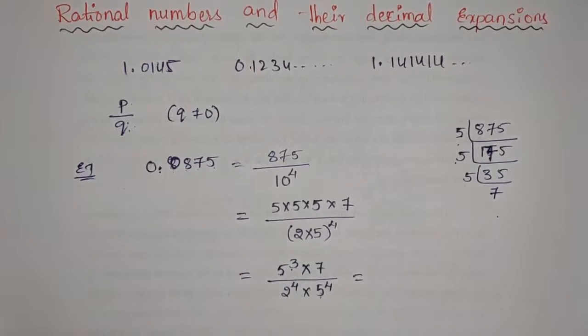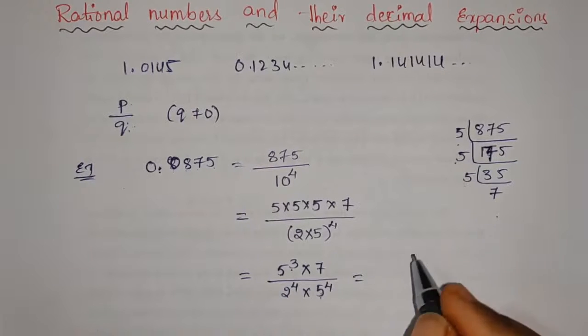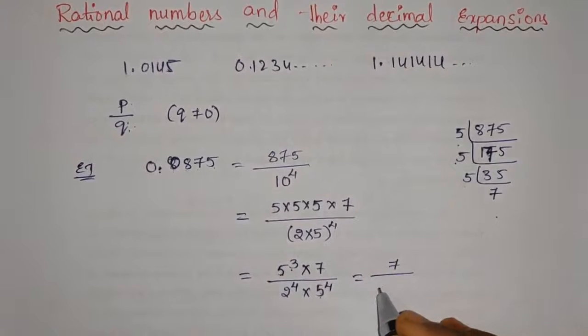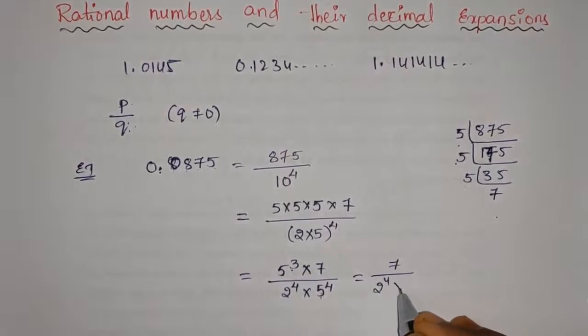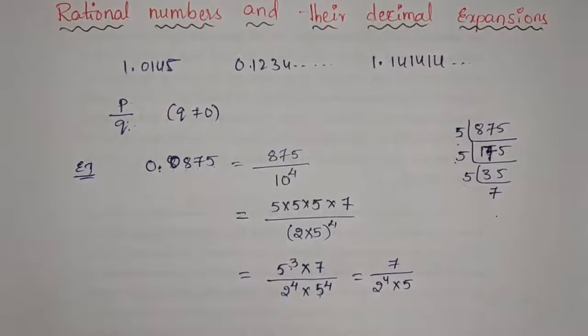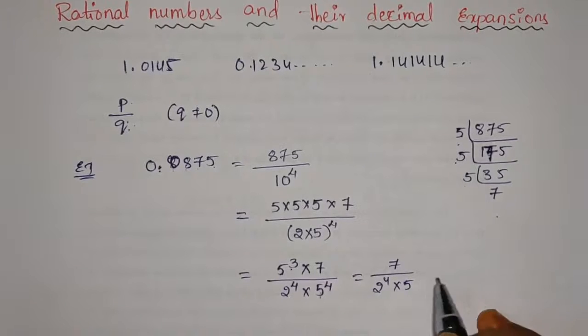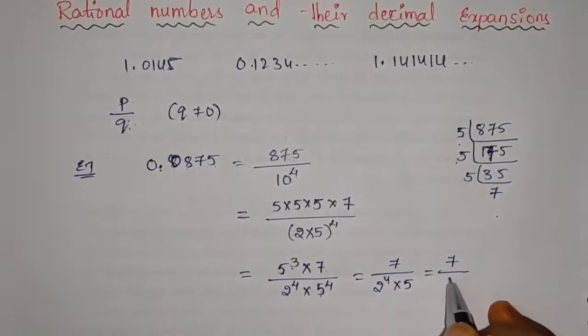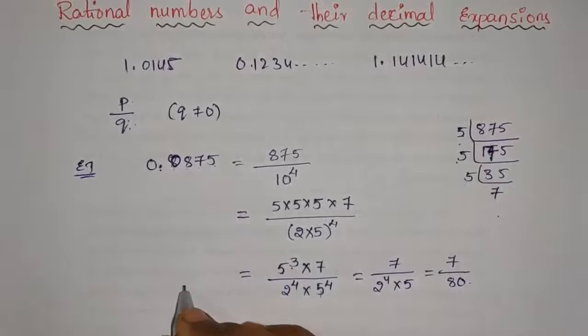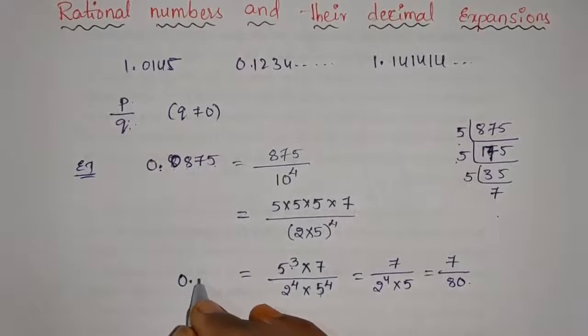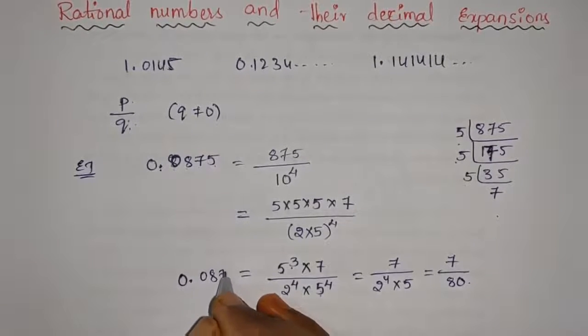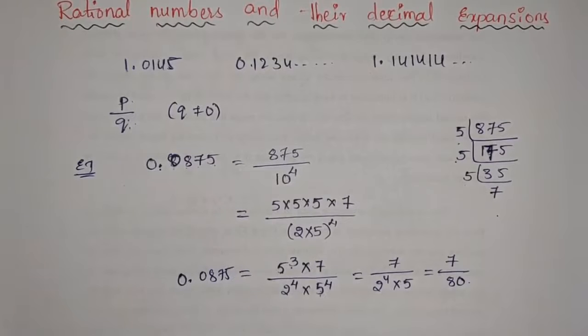Three 5s will get cancelled, only one remains in the denominator, that is 7 upon 2 power 4 into 5. On simplification you will get 7 upon 80. This is the simplest form of 0.0875.